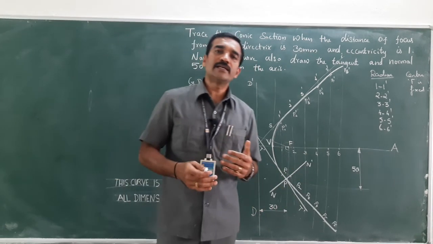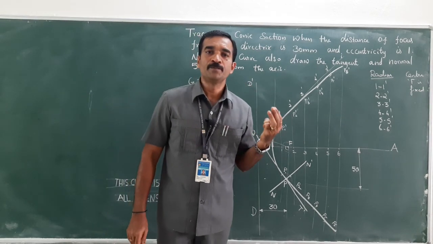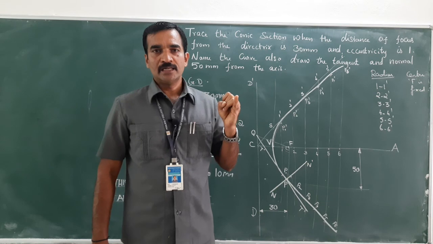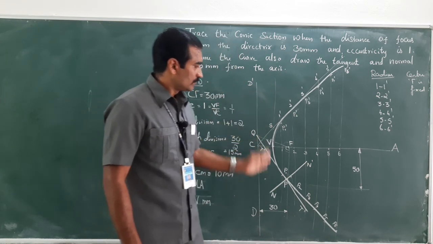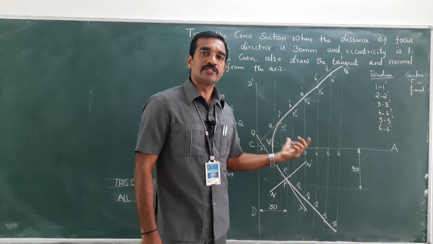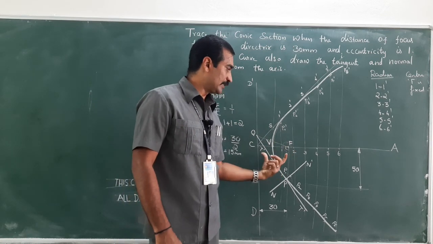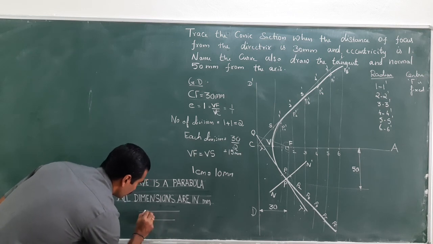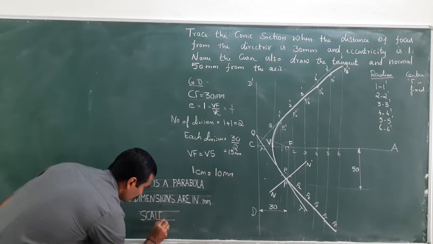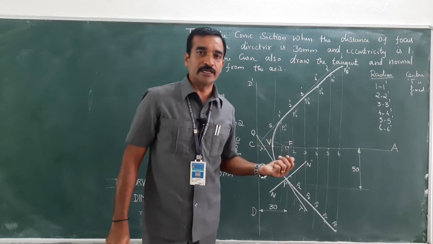Now, whether I have considered any scaling: there are 3 types of scaling which I taught you in the introduction video: true scale, reduced scale and enlarged scale. As far as this problem is concerned, I have not changed any scale. Whatever dimension is given, the same thing I used. Therefore, it's a true scale. Scale 1:1, which represents the true scale.